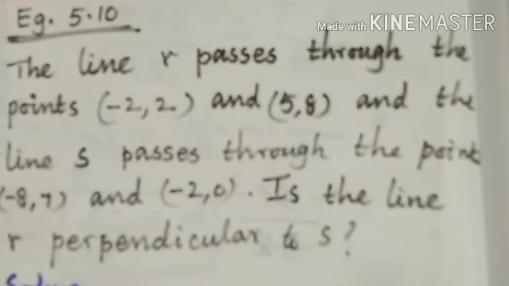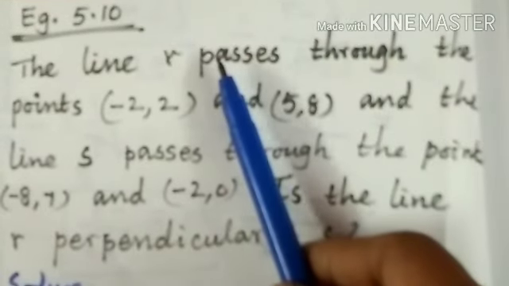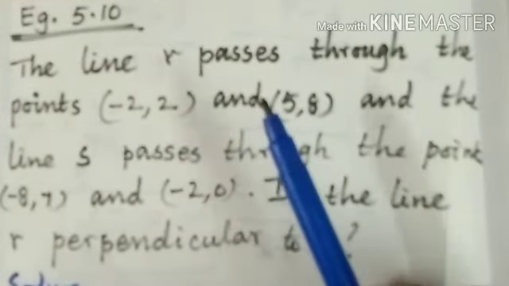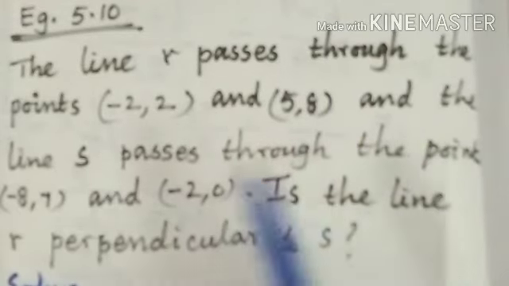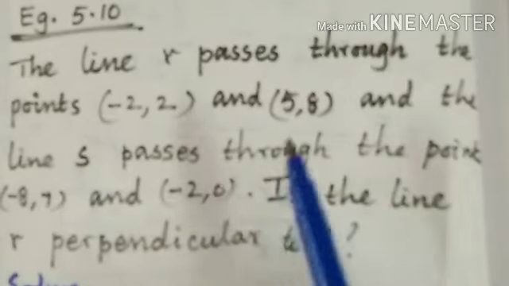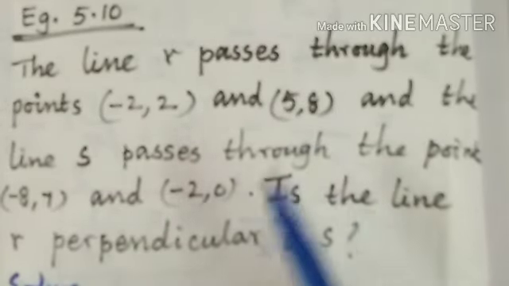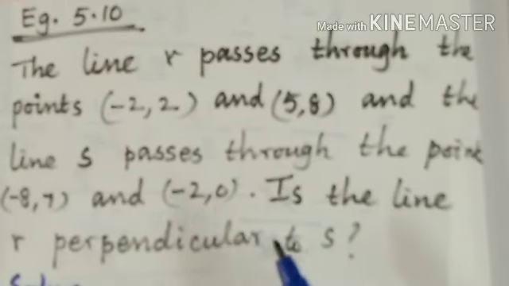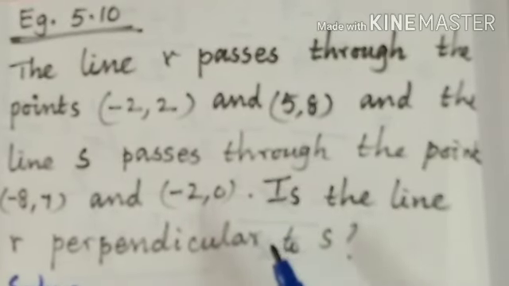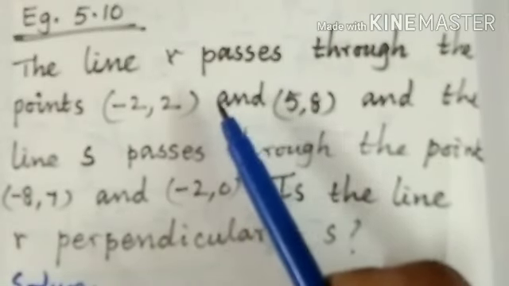See, in this question, the line R passes through the points and the line S passes through the points, which are given. We have to check whether these lines are perpendicular or not. In the solution, first you have to find the slope of the line R, that is m1.